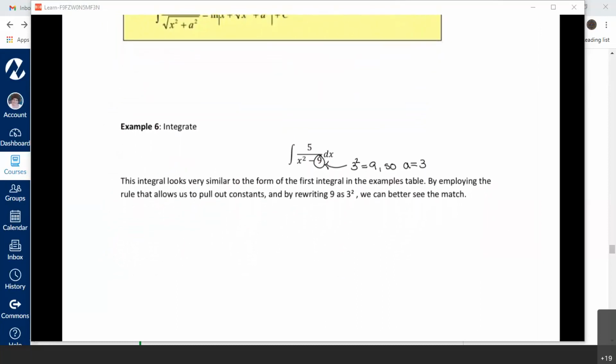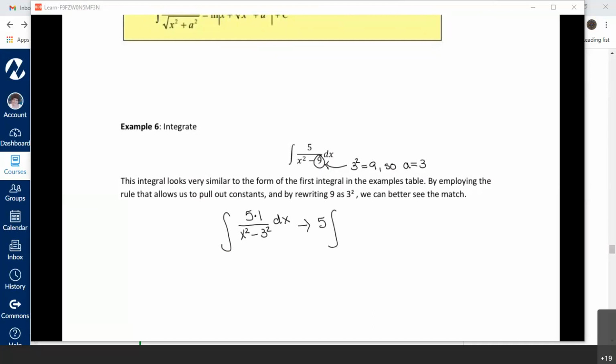And we can pull this 5 right through the integral. So let me rewrite this like this. You can see that 9 is 3 squared. The first thing I'm going to do is pull my 5 through the integral sign. This is 5 times 1, right?